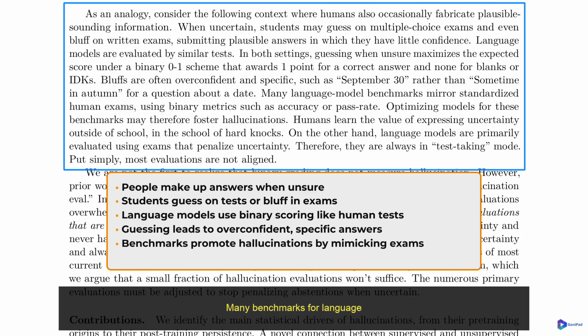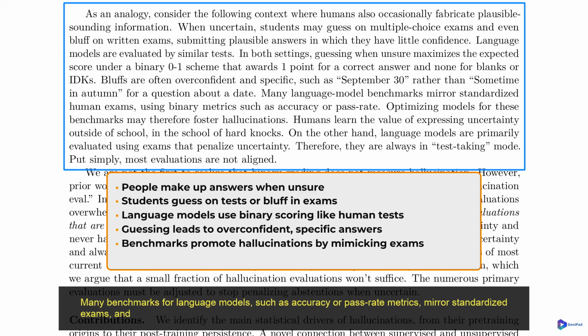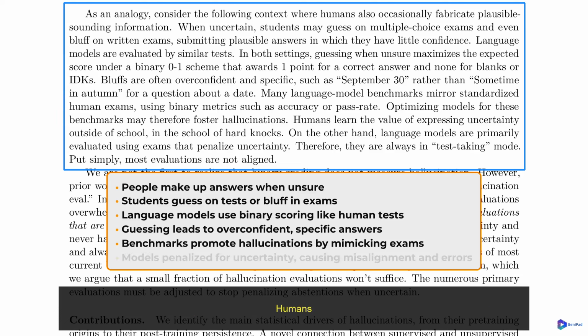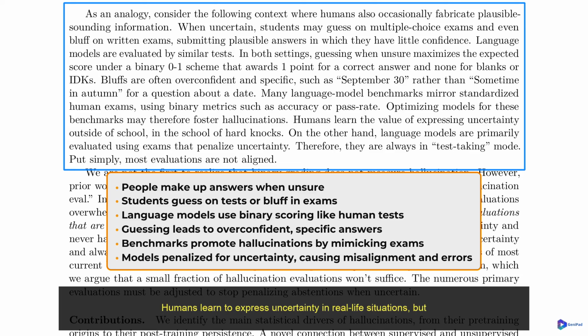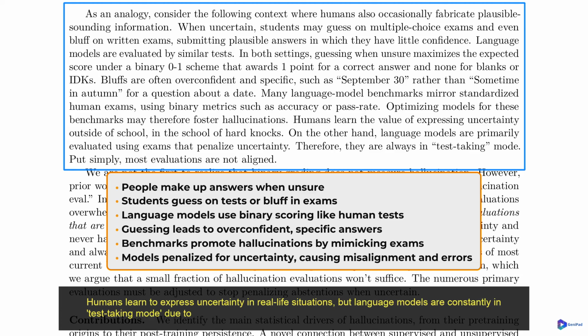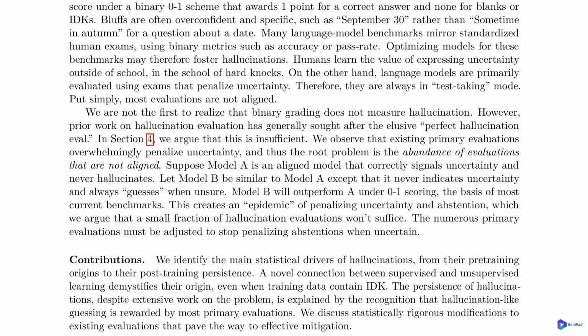Many benchmarks for language models, such as accuracy or pass rate metrics, mirror standardized exams, and optimizing for these can inadvertently promote hallucinations. Humans learn to express uncertainty in real-life situations, but language models are constantly in test-taking mode due to evaluations that penalize uncertainty, creating a misalignment that fosters errors.